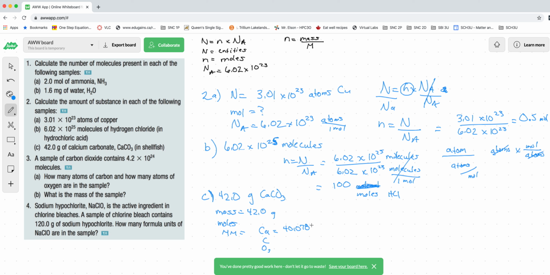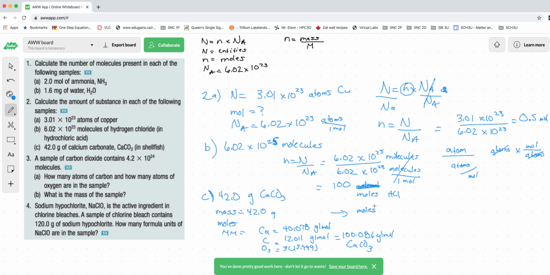From my periodic table, calcium, the molar mass is 40.078. Carbon. And then oxygen is 3 times 15.9. So again, I'm not going to show that multiplication. I'm just going to get the final molar mass of this thing, which is 100.086 grams per mole of CaCO3.